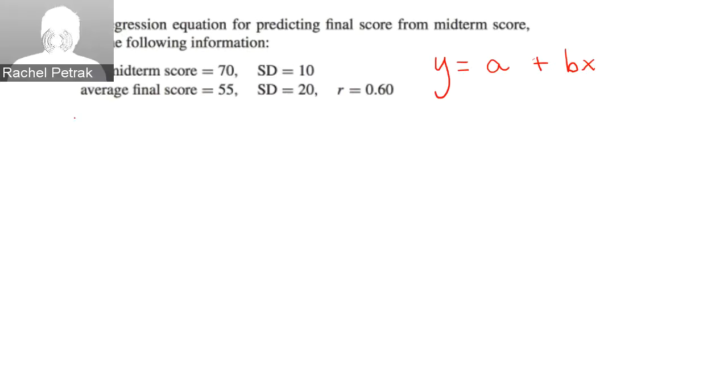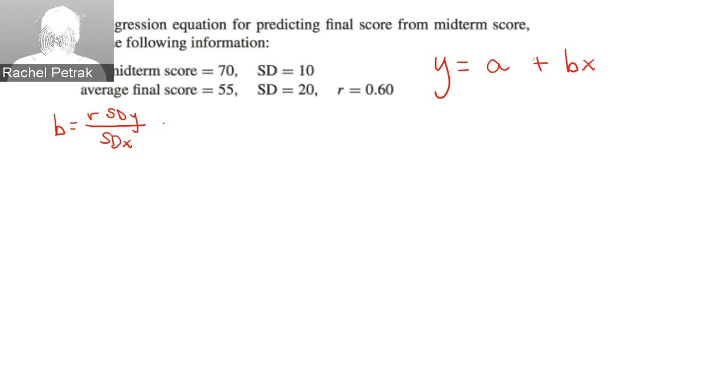As we previously discussed, the slope, b, is equal to r times the standard deviation of y over the standard deviation of x. I just want to point out, because we have had a couple of different equations where we've got r paired with the standard deviation of y, there's nothing magical about pairing r with y.